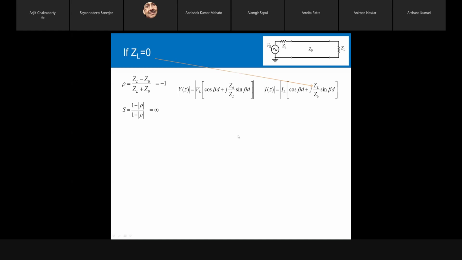We are interested to see what happens in the case of voltage and current. There is one arrow just to show you that you can easily write ZL equal to 0 in the current equation, because it is mathematically acceptable, and the right hand side will become 0, and current will be just the cosine format, a function of D, cos beta D. But this is not true for the voltage equation.